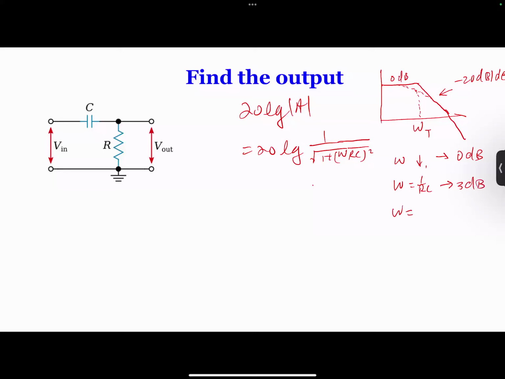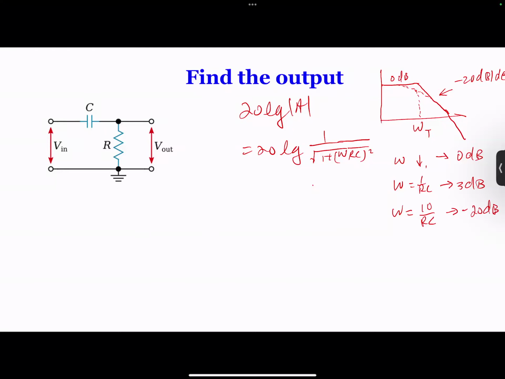When omega equals 10 times 1 over RC, so if it's 10, then neglect that 1, you got 10 over 1, so you got really minus 20 dB.